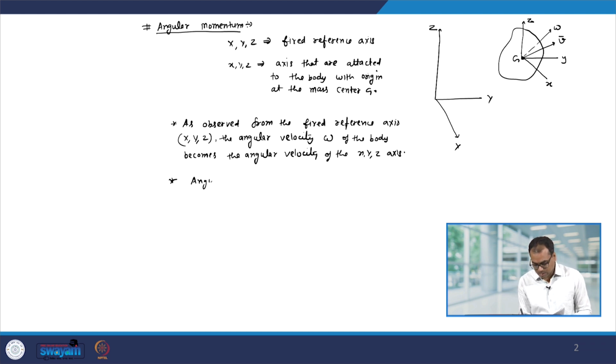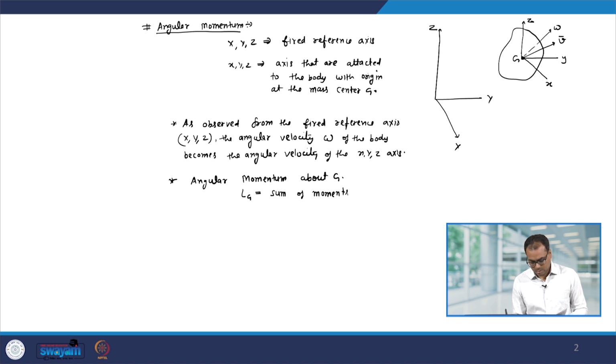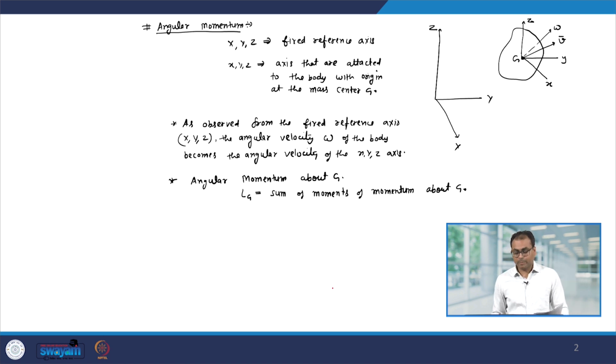Well, the angular momentum about mass center G will be Lg, that is equal to the sum of moments of momentum about G. And to find the sum of the moments of momentum, let us say I have ith particles, its mass is mi, and let us say its distance from G is rho i.